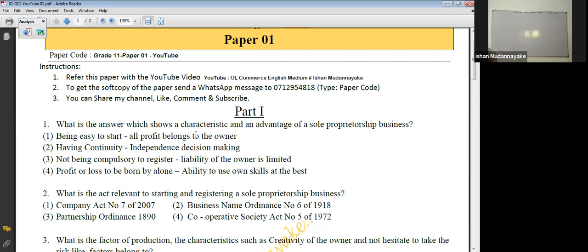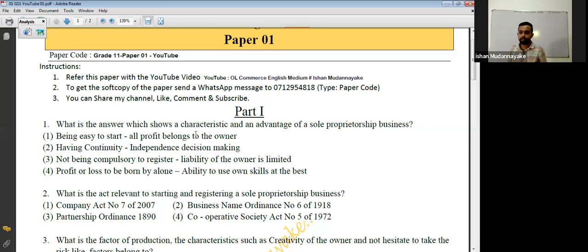The options: being easy to start, all profit belongs to the owner; having continuity, independent decision making; third one, not being compulsory registered, liability of the owner is limited; fourth one, profit or loss to be borne alone, ability to use own skills at the best.